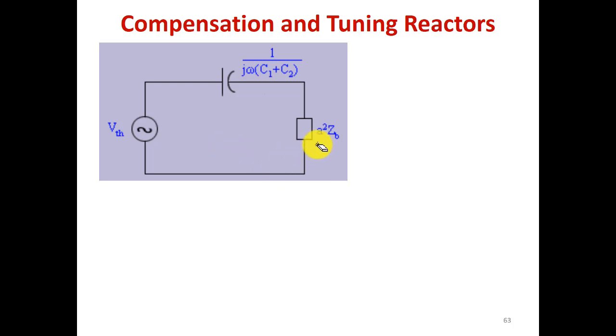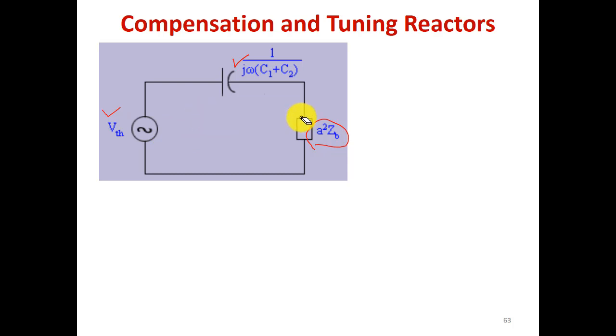Here we are just transferring ZB to the primary side, which becomes a square ZB, and your Thevenin equivalent reactance will become 1 by j omega (C1 plus C2), and your Thevenin voltage VTH is nothing but the voltage across the capacitance C2. So now this circuit becomes simplified.